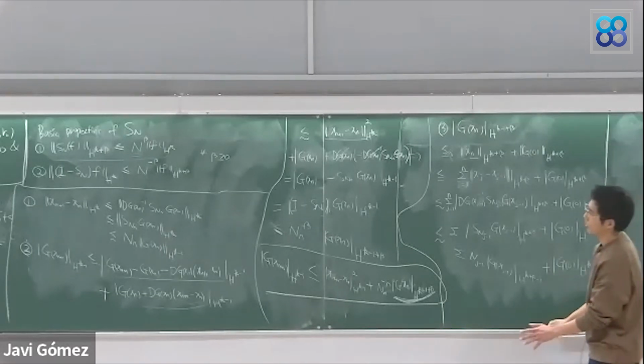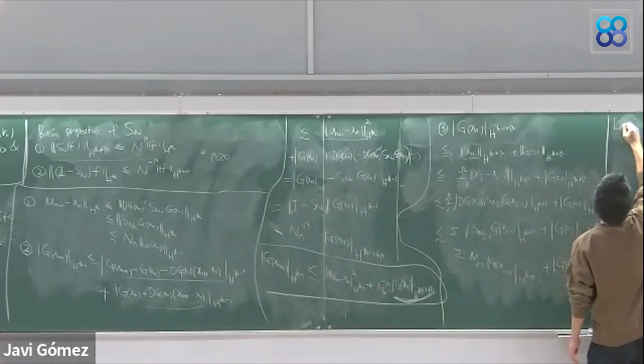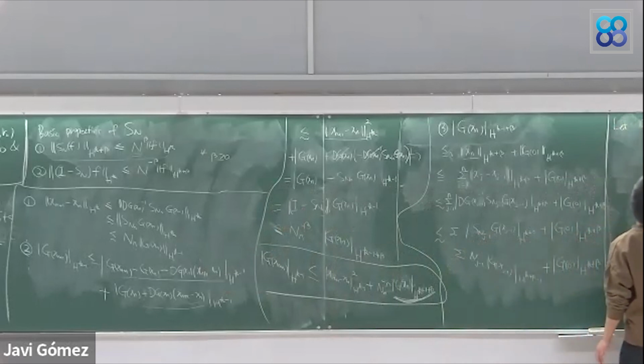Okay, so let me summarize. Let's go back. I'm going to define a_n to be the H^k norm of x_{n+1} minus x_n, and b_n to be the H^{k-1} norm of x_n, and c_n to be the high norm.